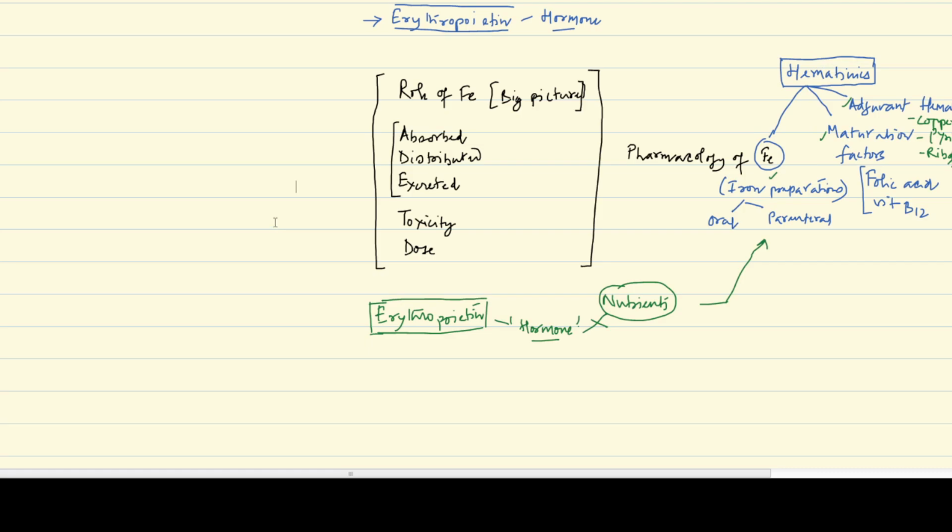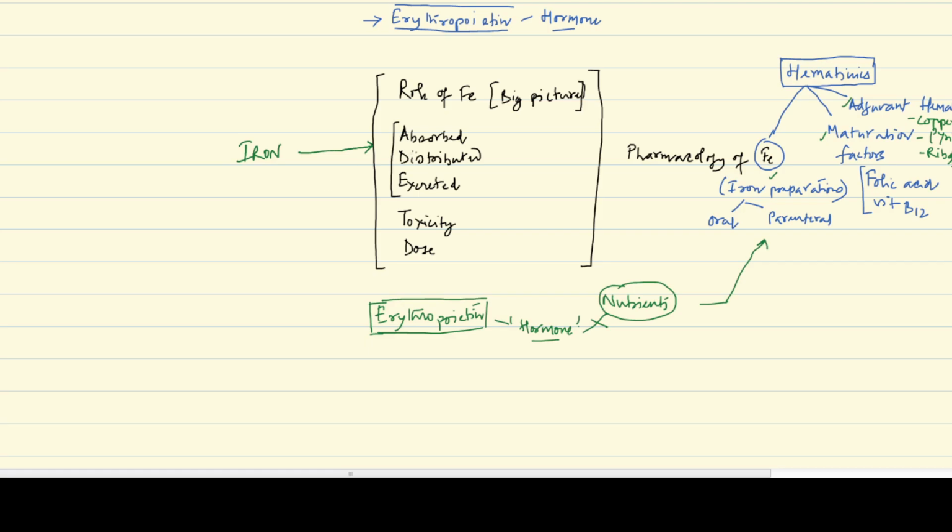Okay, so we begin with iron. So what are we going to talk about with respect to iron? We're going to talk about the role of iron, what's the role of iron in the development of RBCs.